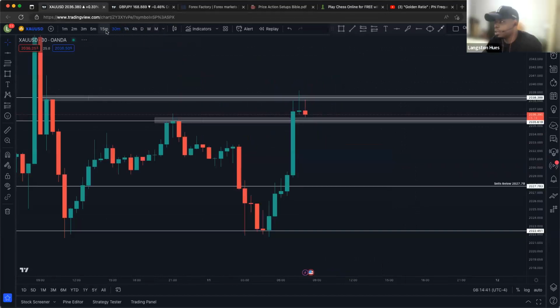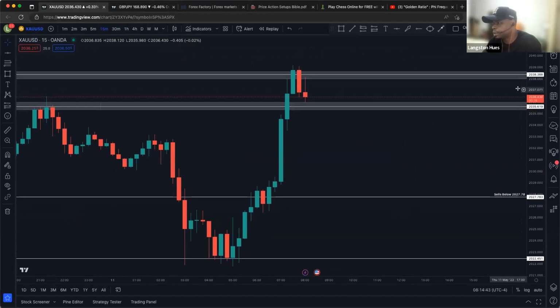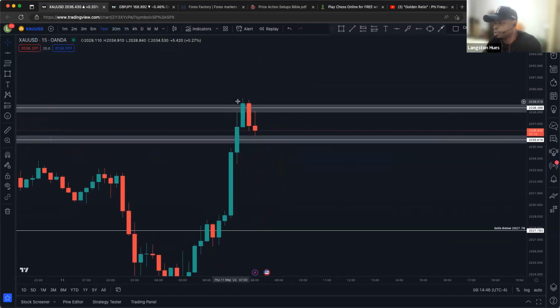Okay, about to get a 15-minute closure in 15 seconds. You got a resistance formed here on the 15. You got the current 15 breaking the low of the previous 15.